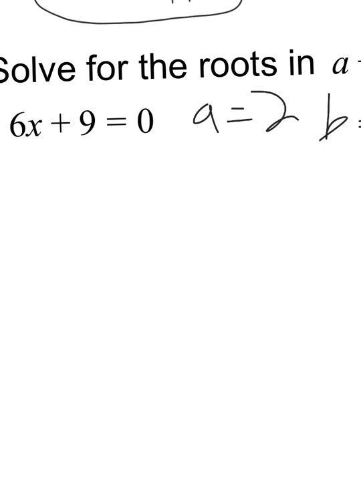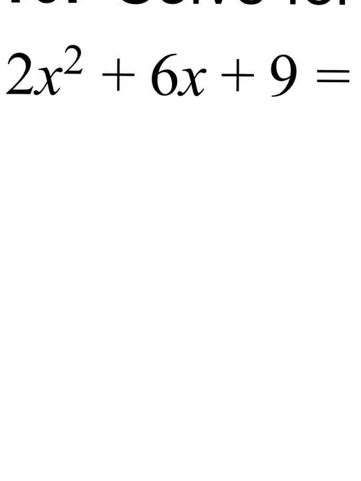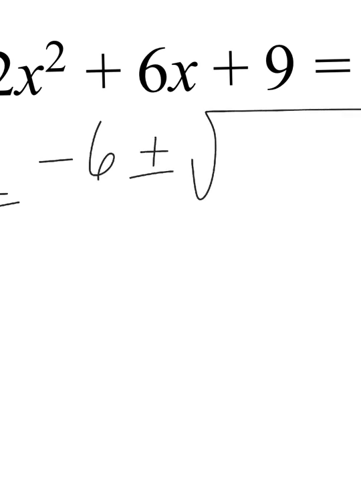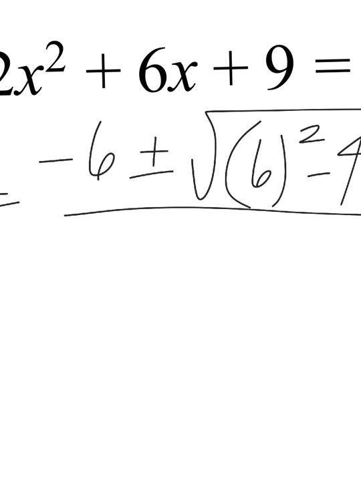And so the formula starts off with x equals negative b, so negative 6, plus or minus the square root of b squared, so 6 squared, minus 4ac, so minus 4 times a is 2, and c is 9, all over 2a, so 2 times 2.